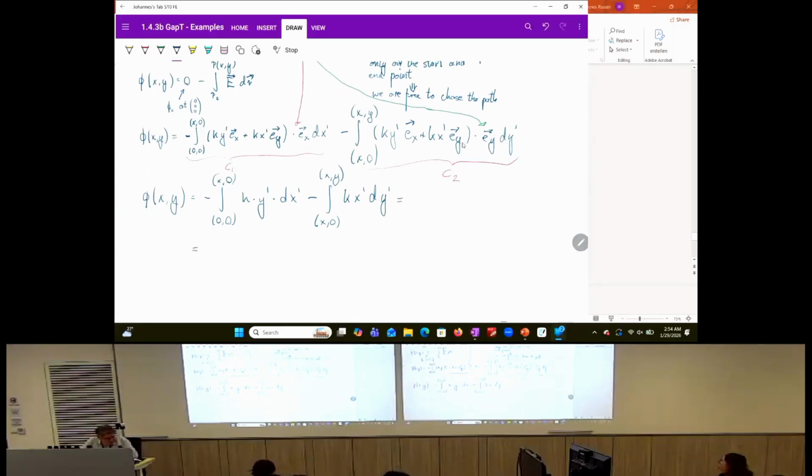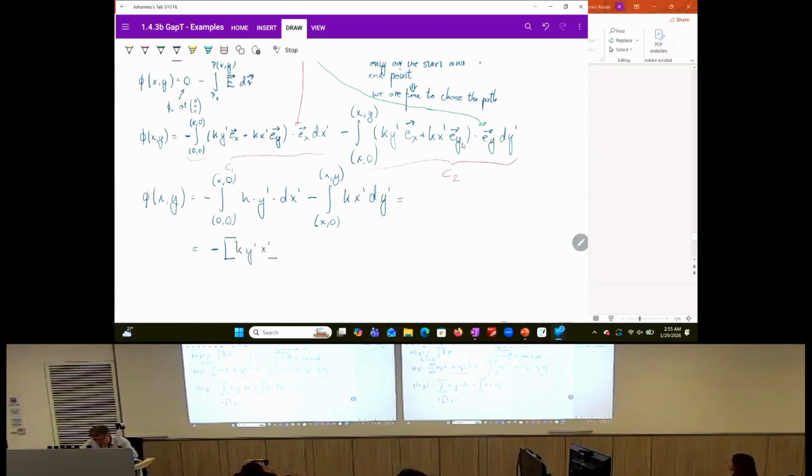So what is k times y integrated over x? Well, that is basically integrating over a constant 1. So the integration yields here k y' x'.